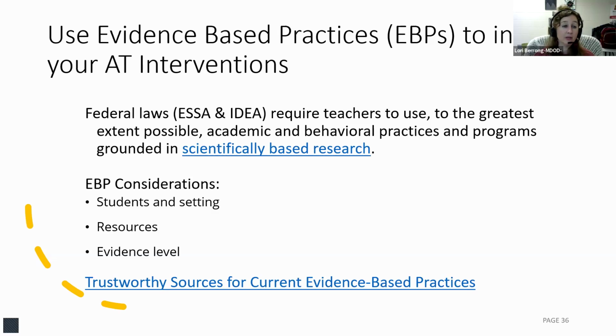And when we're talking about emotional behavioral, when we're talking about evidence-based practices, we can really think about the students, the setting, the resources, and the evidence level. So in this presentation, I do have two links, great sources for current evidence-based practices. You can find lots of research around tools that support individuals with a variety of disabilities, including emotional behavioral.